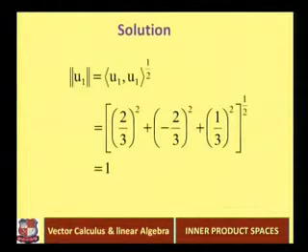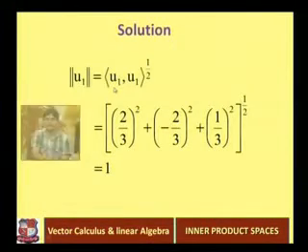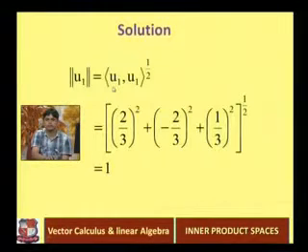Now we also convert these vectors into normalized form, because we need the vectors to have norm 1. We verify that the given vectors are orthonormal. We have already proved that the given u1, u2, u3 are orthogonal. For orthonormal, we check that the norm of each vector u1, u2, u3 is 1.